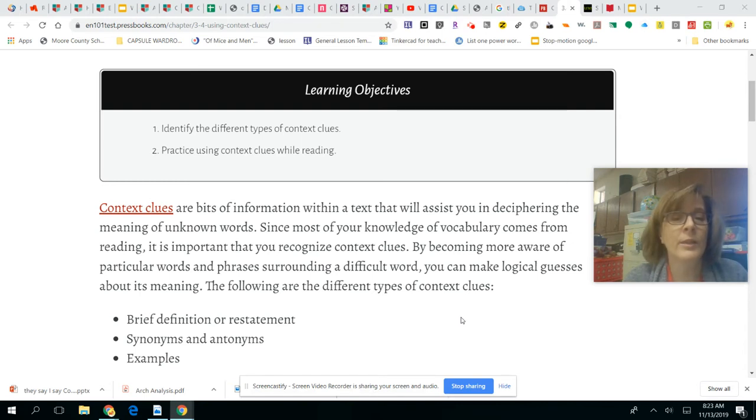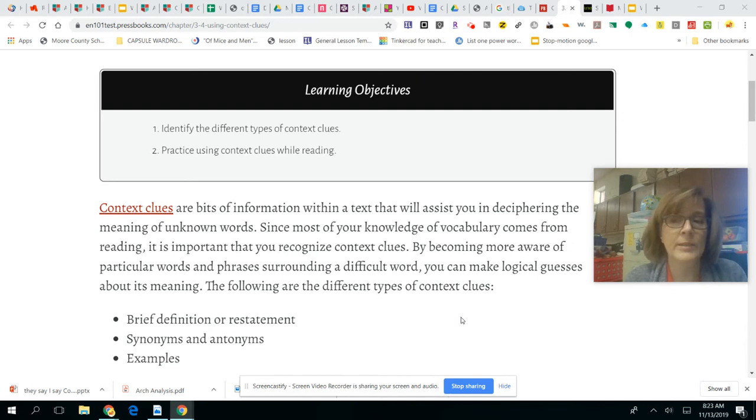All right, so context clues are basically bits of information within a text that you can find that either give you the definition or get you close to the definition. There are three different kinds that we're going to focus on today. One is actually in the sentence itself, you're provided a brief definition or a restatement of the unknown term.